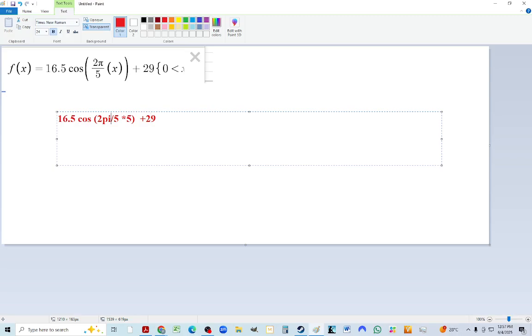Well, 5 times 2 pi over 5 is this. The cos of 2 pi is 1, plus 29, times 1 is 16.5, plus 29. So its height will be 45.5.